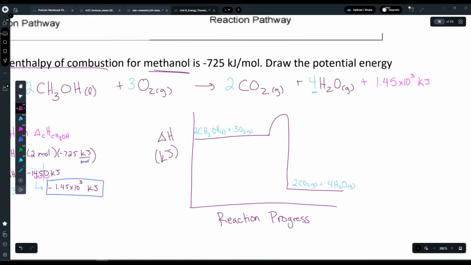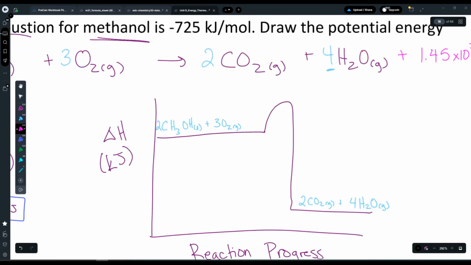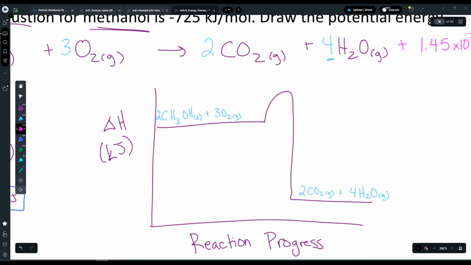Okay, I'm going to label the change in enthalpy. So the change in enthalpy is always the difference between the reactant plateau and the product plateau. So negative 1.45 times 10 to the power of 3 kilojoules.